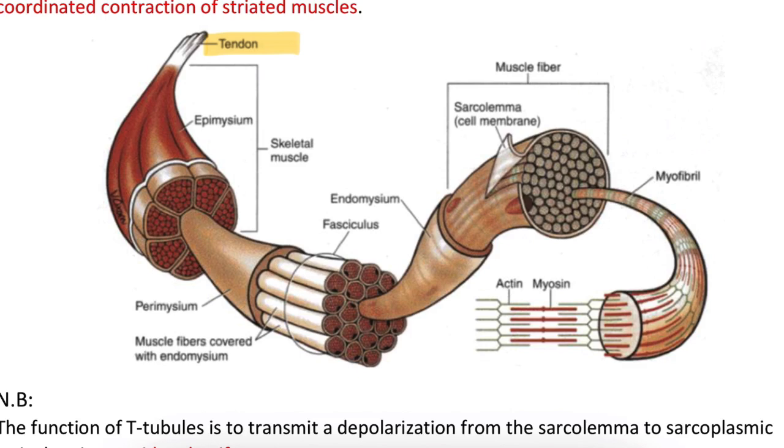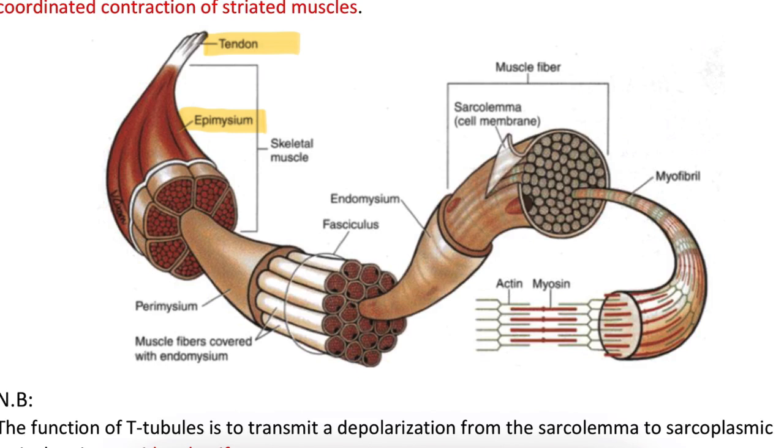It transmits force generated by muscle contraction to the skeleton. The outer part is the epimysium, also known as the outer covering of the entire muscle. It is dense irregular connective tissue that protects and groups the muscle into bundles.